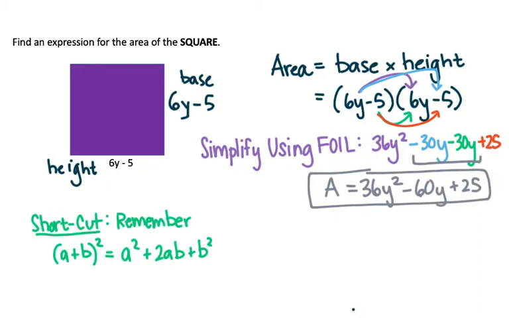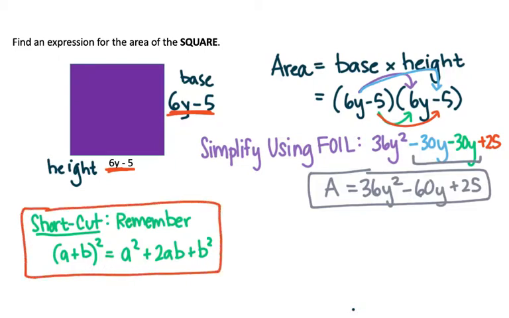Now again, there is a shortcut. If you notice that both binomials that you are multiplying when calculating the area are the same, this is called squaring a binomial. And there is a shortcut for that, which says you don't have to do the whole FOIL and multiply it out. In this case, for example, 6y minus 5 times 6y minus 5 is the same thing as just saying 6y minus 5 squared.